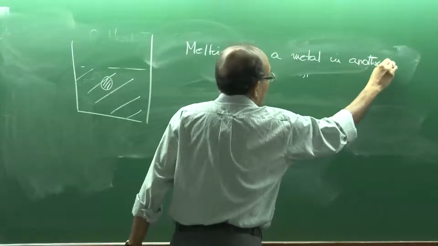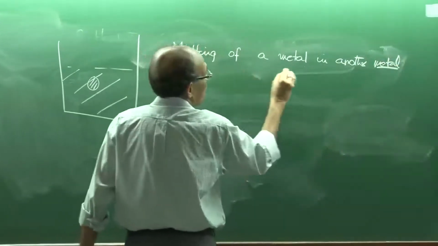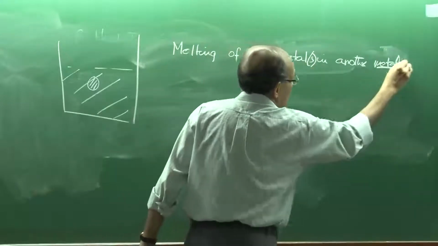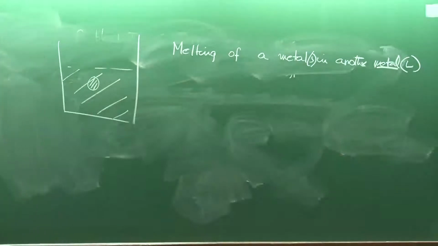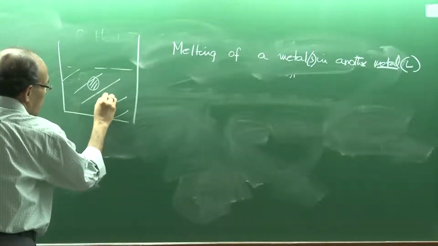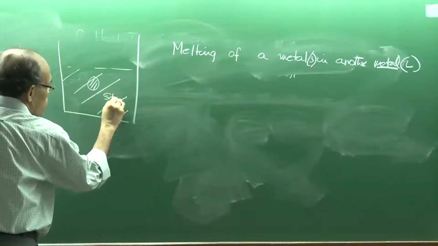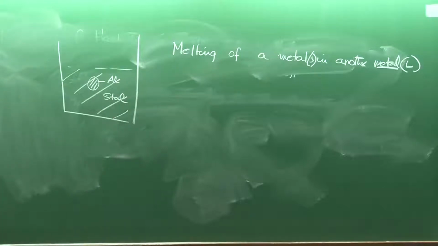This is the melting of a metal which is solid in another metal which is liquid. That's the problem. We can have a steel here, and this could be aluminum here or copper here.